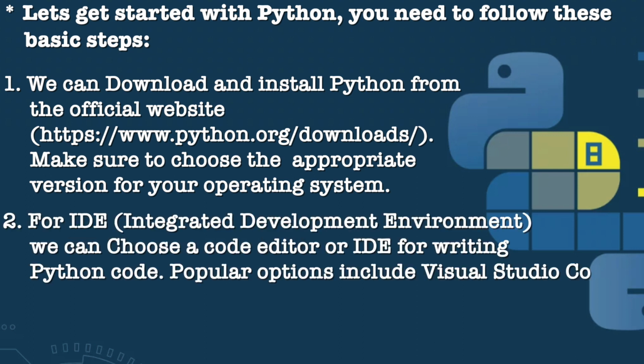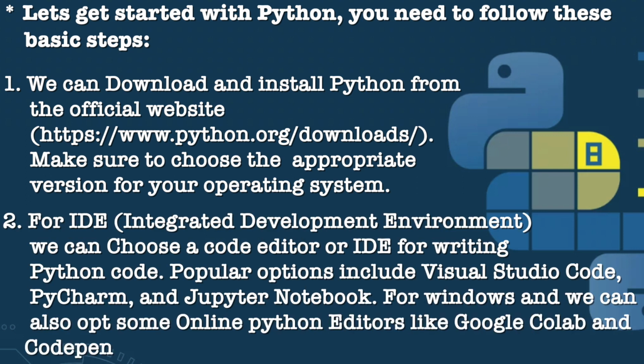For the IDE, Integrated Development Environment, we can choose a code editor or IDE for writing the Python code. Popular options include Visual Studio Code, PyCharm and Jupyter Notebook for Windows, and we can also opt for online Python editors like Google Colab and CodePen.